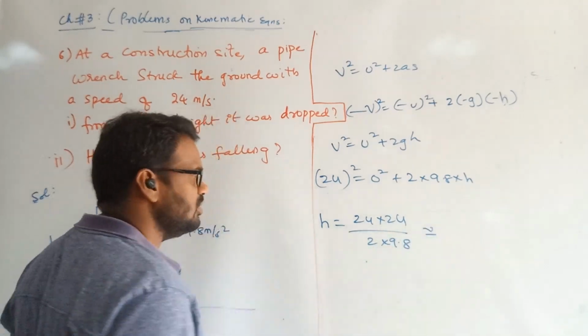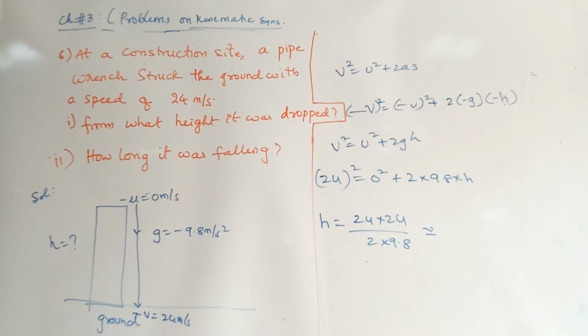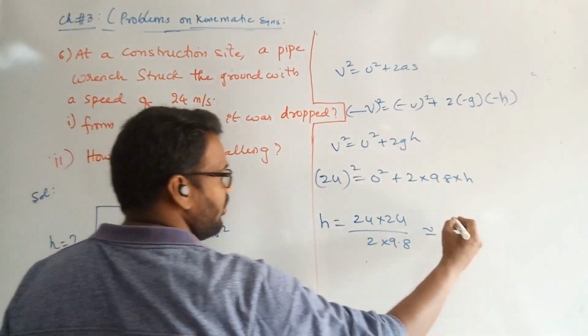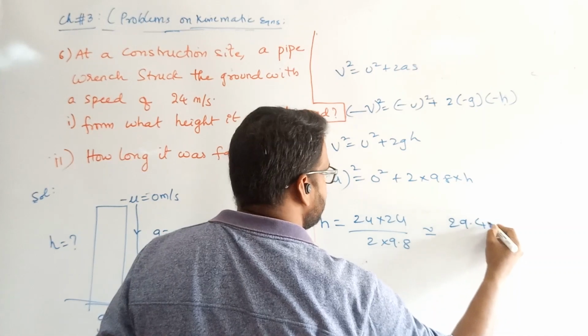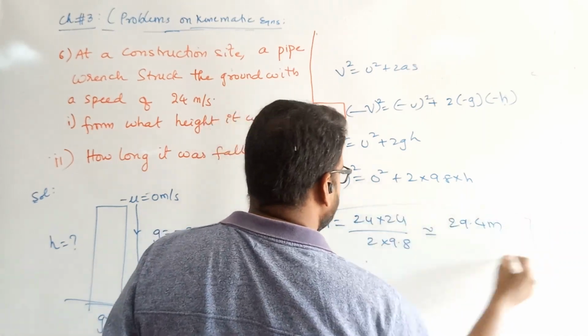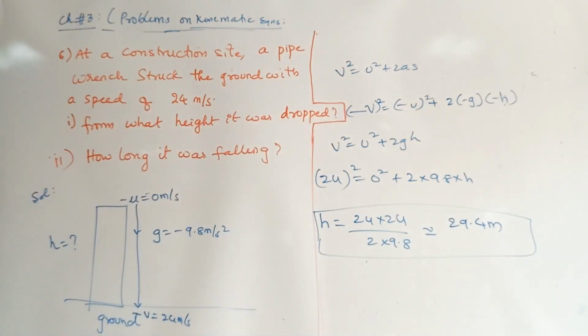Upon solving this, we get 29.4 meters. From what height is it falling? It is falling from a height of 29.4 meters. If I say H equals 29.4, it means from ground to here.